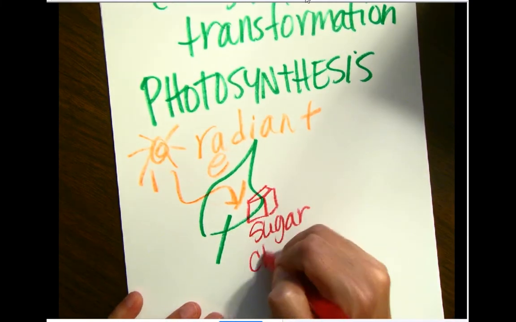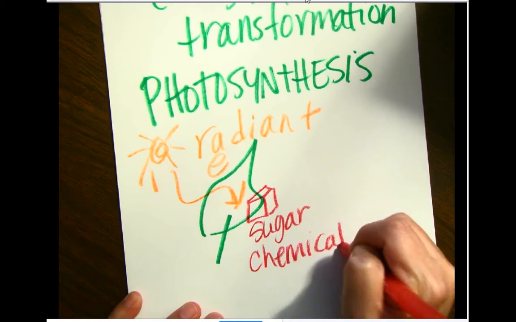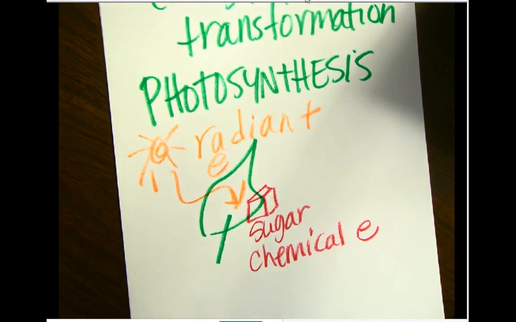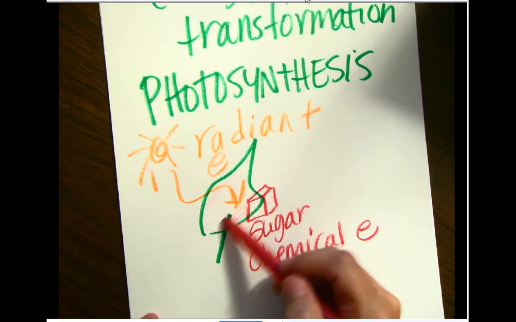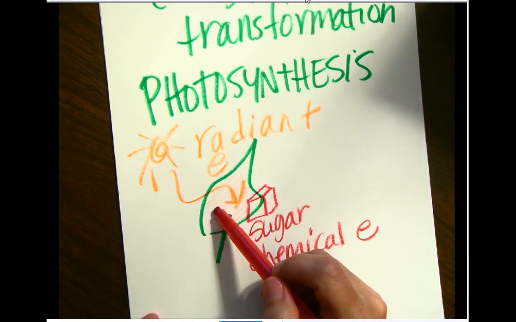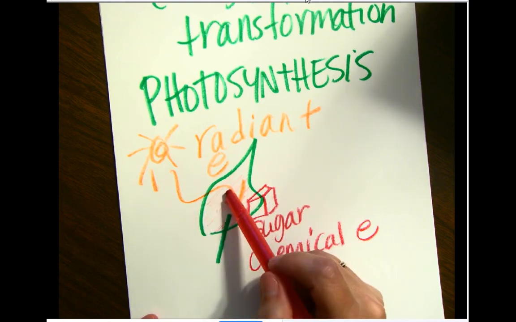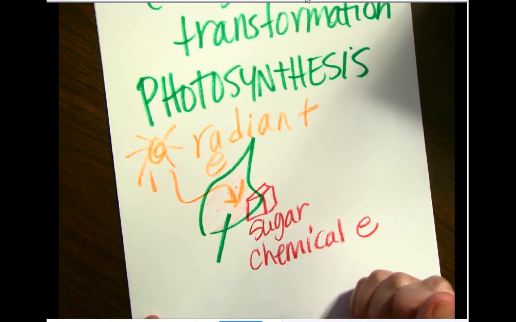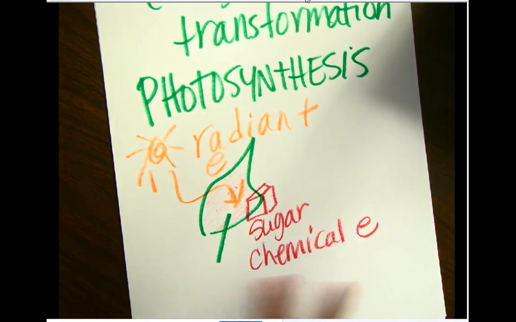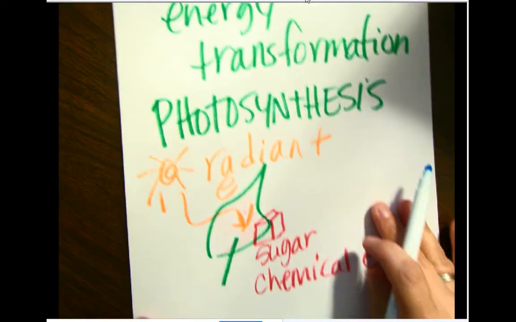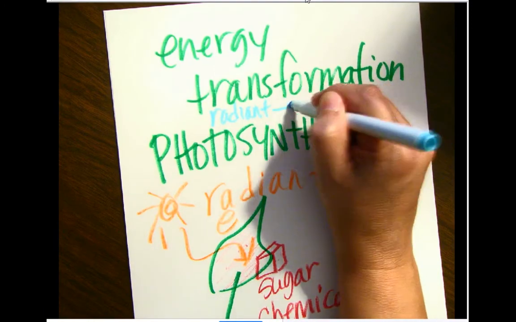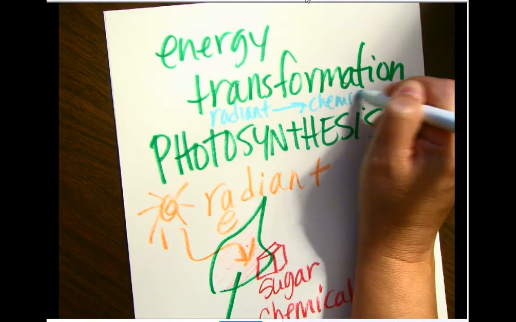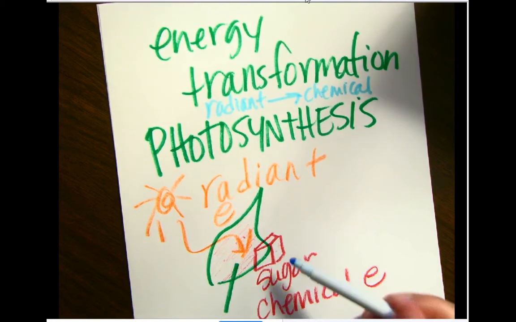That's why it's called chemical energy. Chemical energy is stored energy. And it gets stored in the leaves. The leaf holds on to it until it uses it, or we eat it, or a cow eats it, okay, or a rabbit eats it, okay. Then that energy goes into them. So photosynthesis is the process of energy transformation from radiant energy to chemical energy. And the chemical energy is stored in the sugar.